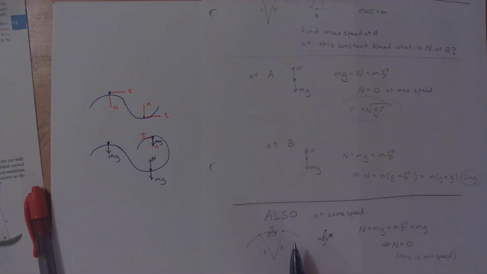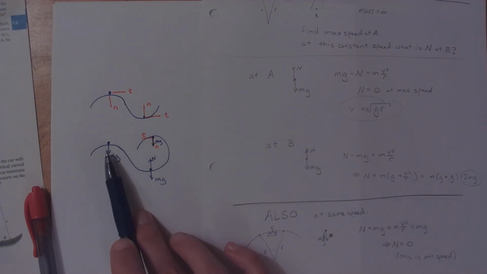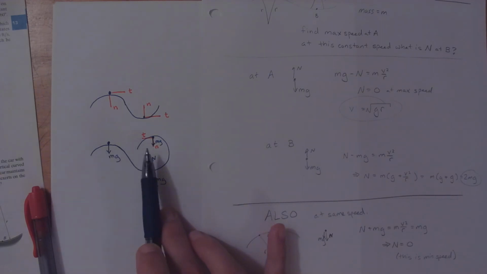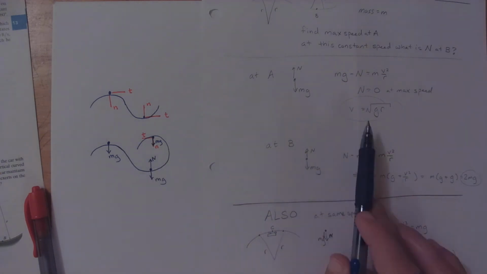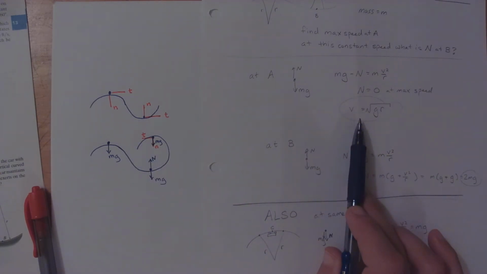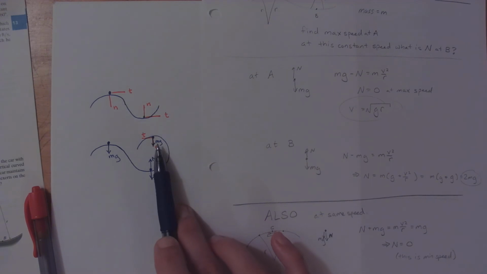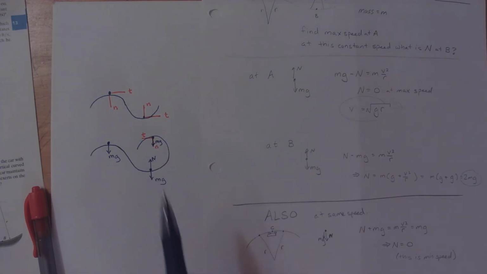So rather than finding the maximum speed at which you can go without losing contact with the road, here we would find the minimum speed at which you could go without losing contact with the road. In the earlier case, if you go any faster than this, you're in trouble. In this case, if you go any slower than the speed that we're going to find, you would be in trouble. So the normal force is equal to 0.